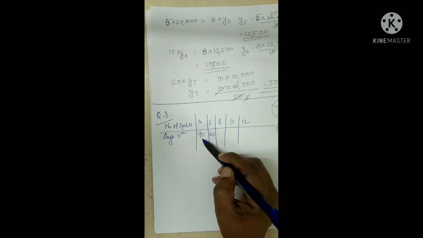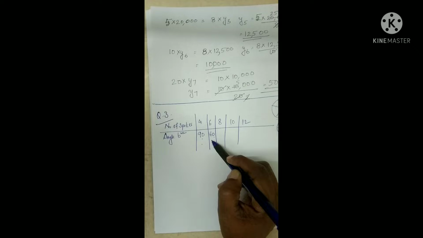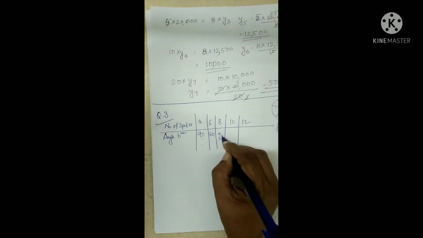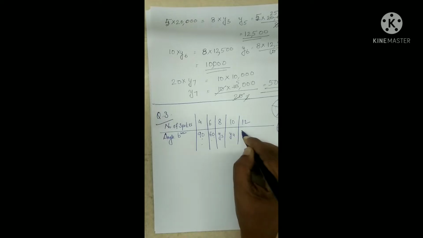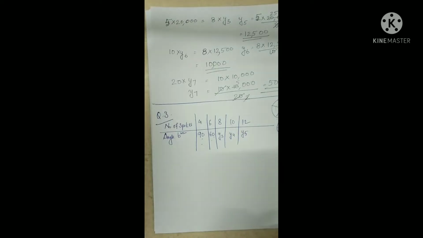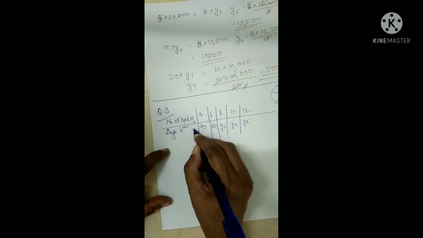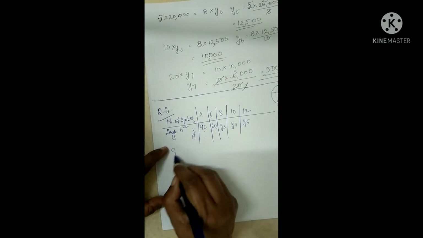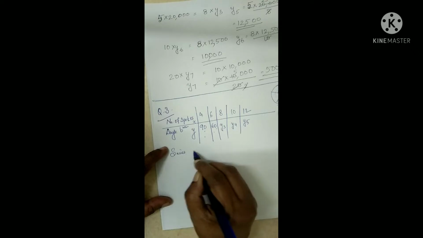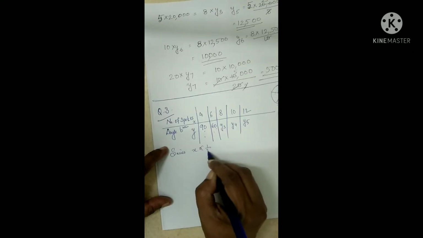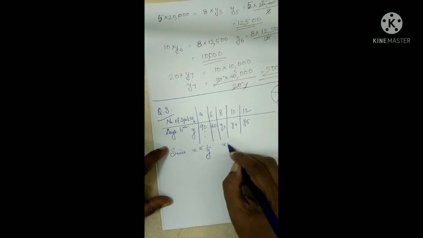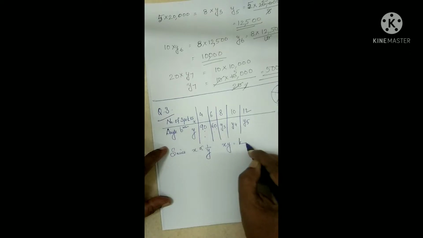So, 4 nines are 36, so 360 degree. 6 sixes are 36, 360 degree. Now, here it is y3, y4 and y5. Since x varies inversely as y, xy is equal to k.